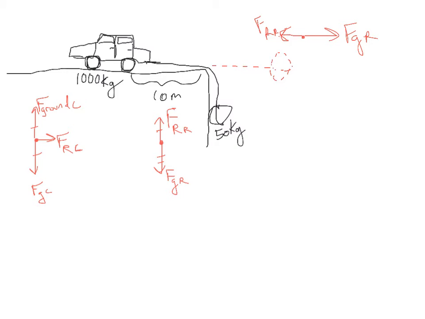That now is in the right orientation compared to the car. So we want the rock and the car to be in the same orientation so that the directions match up with what we see over here.